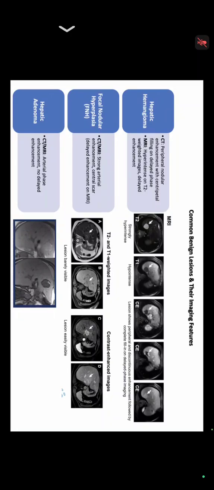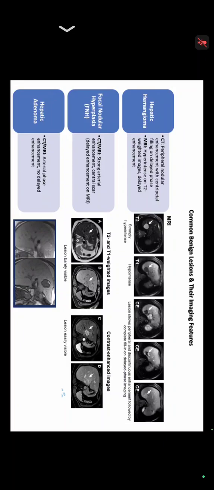Coming to FNH, a strong arterial enhancement is seen on CT, and the central scar is present in around 60% of patients, which helps us in diagnosing FNH. There is intense delayed enhancement on MRI, which also helps in diagnosing FNH.